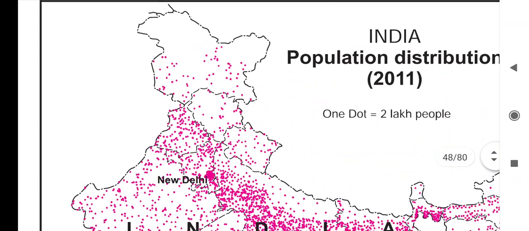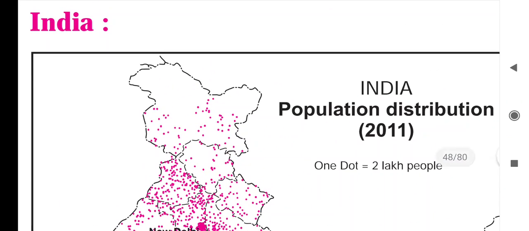And in this northern part, suppose Jammu and Kashmir, what are the problems for the people? It is a cool region, chill area. There also a mountainous region is there, so flat land is not available for agriculture, and due to the cold region, a number of problems are arising in these areas.